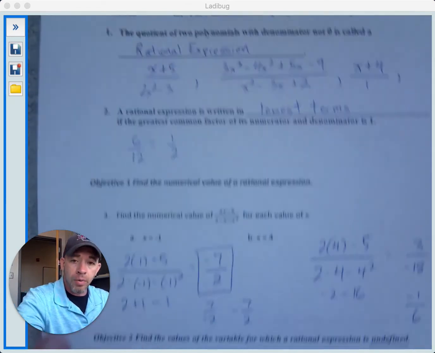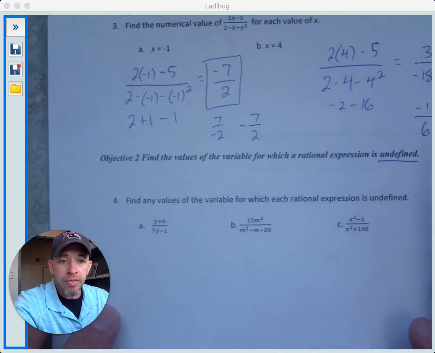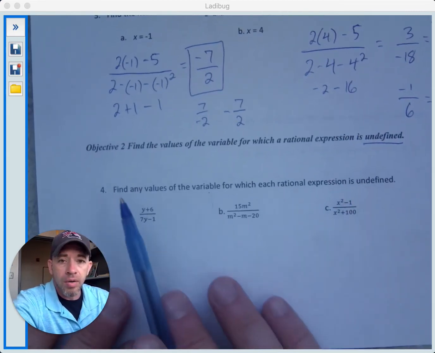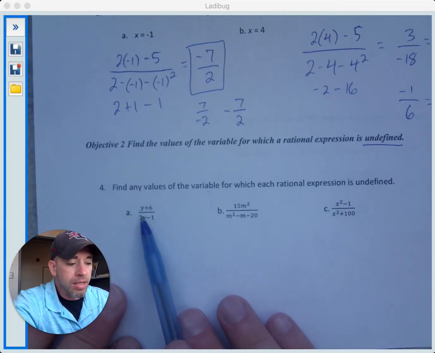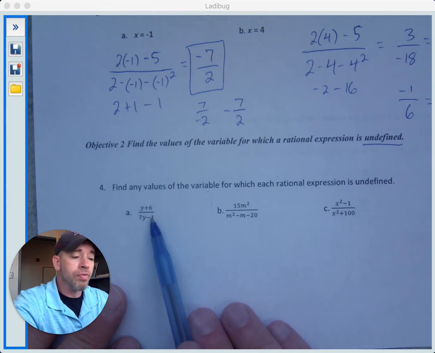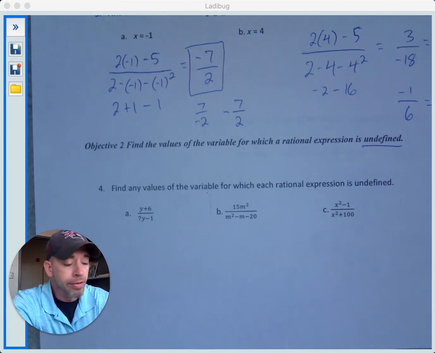In fact, that's how we're going to tell when this expression is undefined. To figure out when the expression is undefined, we are going to set the denominator equal to 0, because that would cause us to divide by 0, and hopefully back in the day you learned at some point in your life that dividing by 0 is not possible, right?